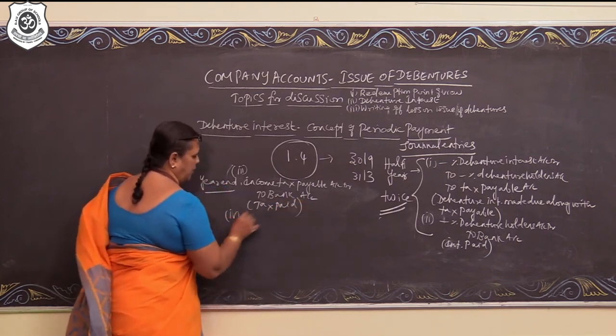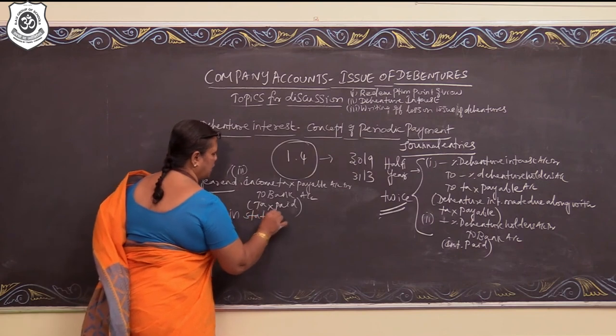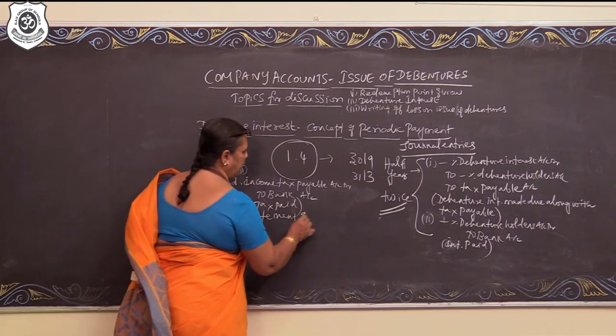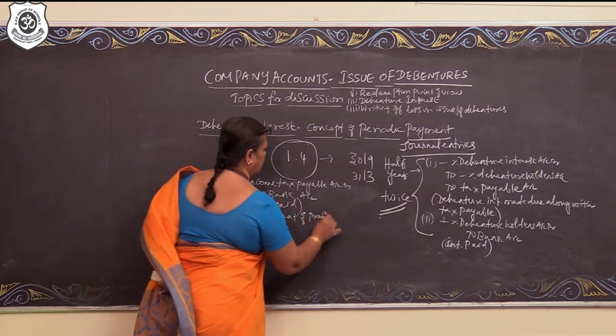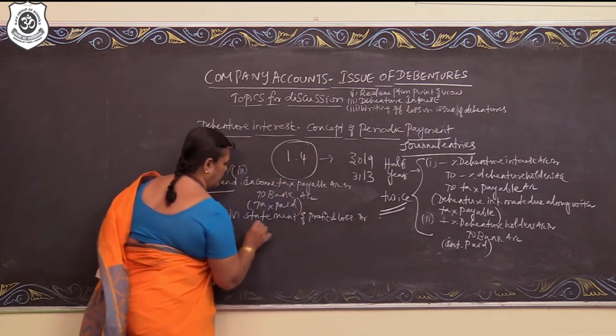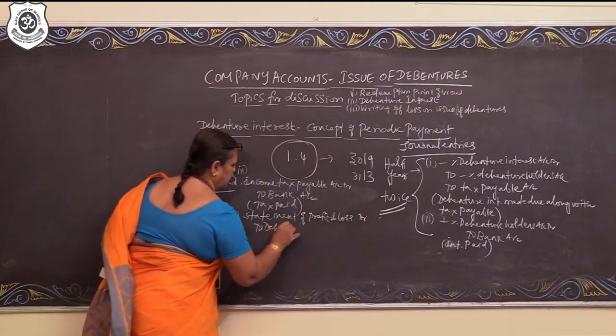Then the fourth entry is for charging debenture interest to statement of profit and loss. Statement of profit and loss debit to debenture interest account.